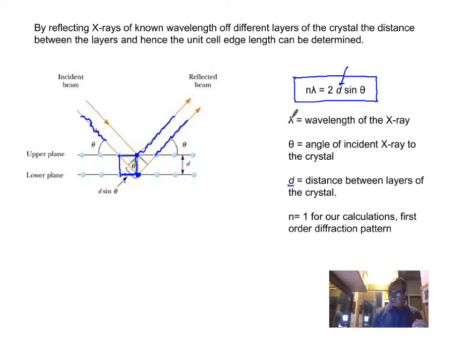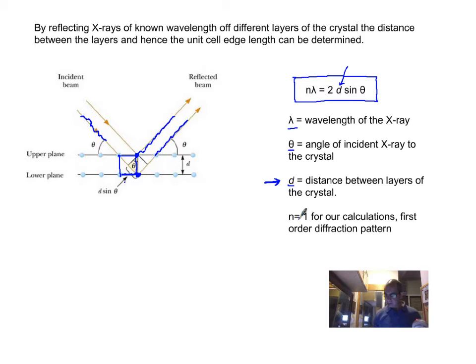Lambda is the wavelength of the incident light, the X-ray, and the angle theta is important. If theta is not in phase, your interactions actually cancel each other out. So the angle between the incident light and the plane of the crystal is theta, and of course d is the most important information that pops out from this equation, which is the distance or the side of each of the unit cells.